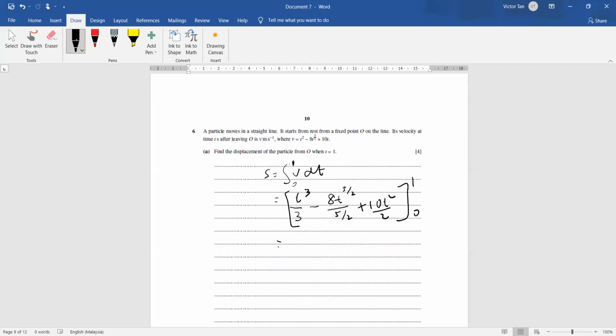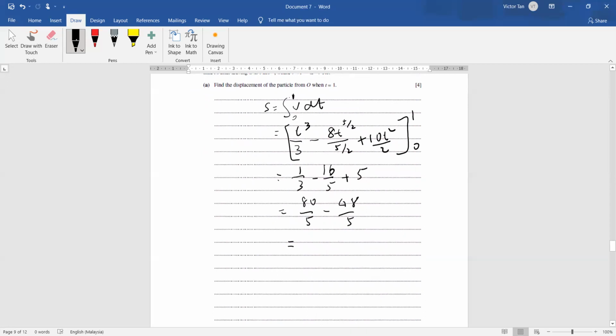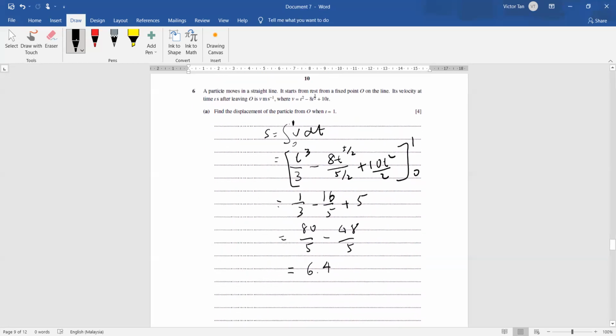So you have 1 over 3 minus 16 over 5 plus 5, which gives 32 over 5, which is 6.4 meters.